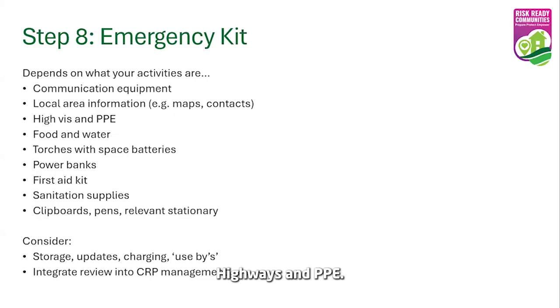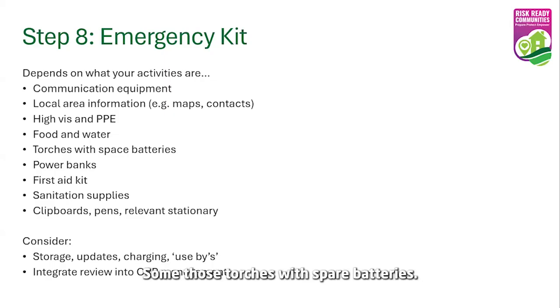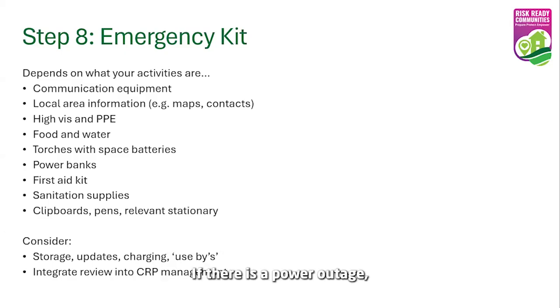High vis and PPE, making sure that you're staying safe and protected. Food and water, absolutely, but thinking about use by dates on those. Torches with spare batteries, not forgetting power banks or anything that helps power things if there is a power outage.